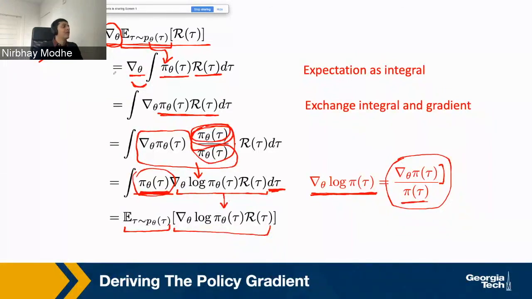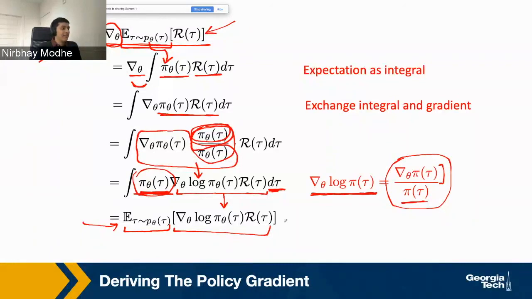What I have done is converted what initially was a gradient of an expectation into an expectation of a gradient. Why have I done that? You can easily compute the expectation of a gradient. You just have to have multiple values of this gradient and then take the mean. That is how you approximate an expectation. But computing the gradient of an expectation is something difficult. It's not possible, like you need infinite samples to actually compute that accurately.